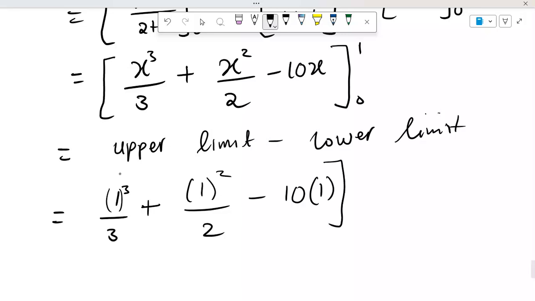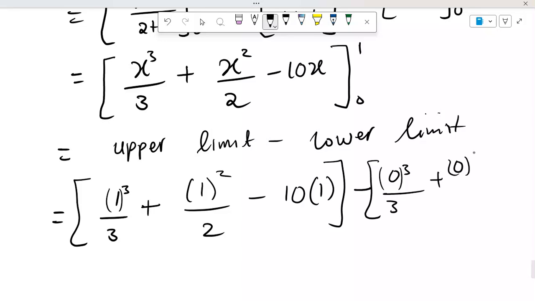So this is the upper limit. Minus, the lower limit is 0, so you say 0 to the power 3 over 3 plus 0 to the power 2 over 2 minus 10 multiplied by 0.